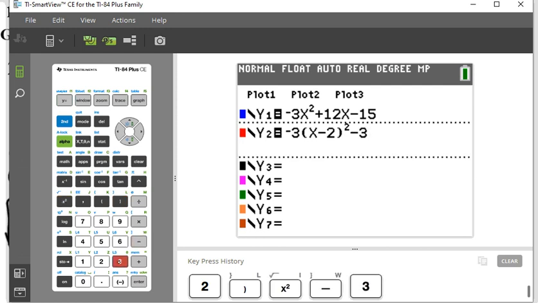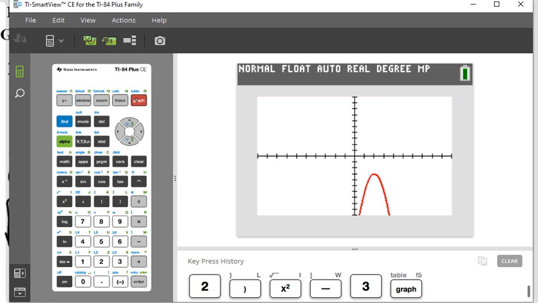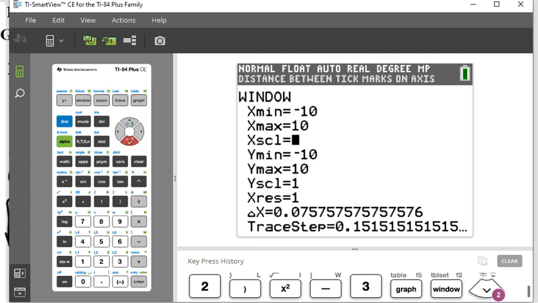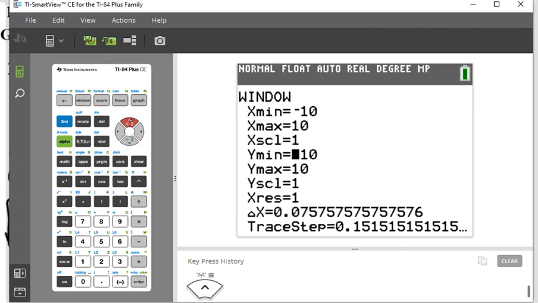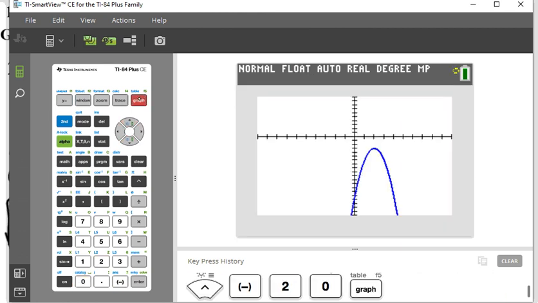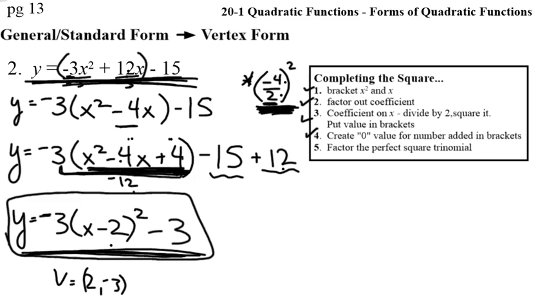And we cross our fingers, we graph. I can't see a ton of it, but let's just take our window. Let's go y min, a little lower, and let's graph it now. Boom. Same quadratic parabola, 2 different forms of it in terms of equations.